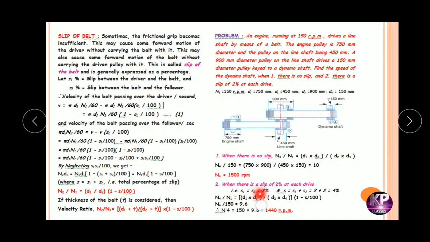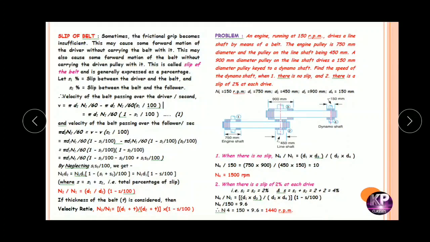Now there is a slip of 2% at each drive. Pulleys 1 and 2 form one drive, and pulleys 3 and 4 form another. So 2% here and 2% here, a total of 4%. We had s equals s1 plus s2, that means s1 equals 2% and s2 equals 2%, so s equals 4%.